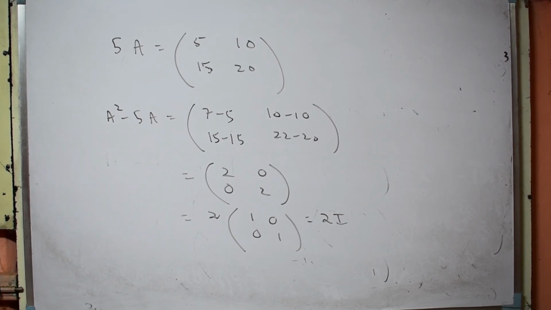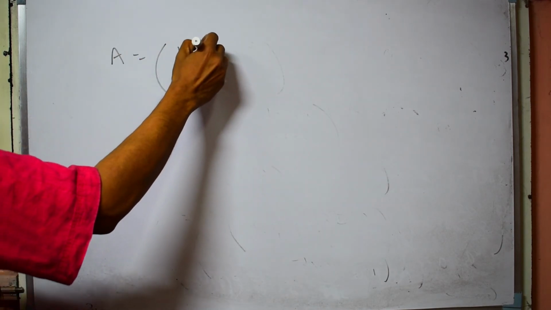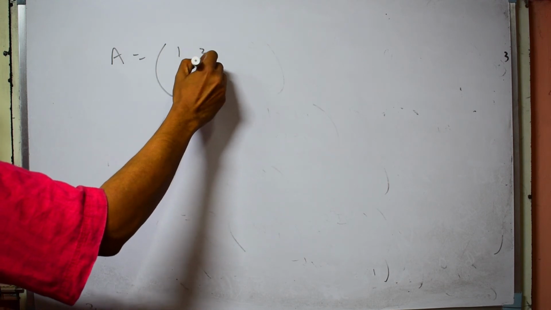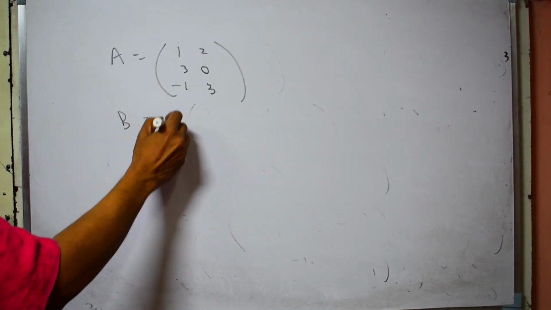This is proof. Now one more important point: if you multiply A transpose and B transpose, then first transpose, then multiply. Like A is a matrix [1, 2] and B is another matrix.